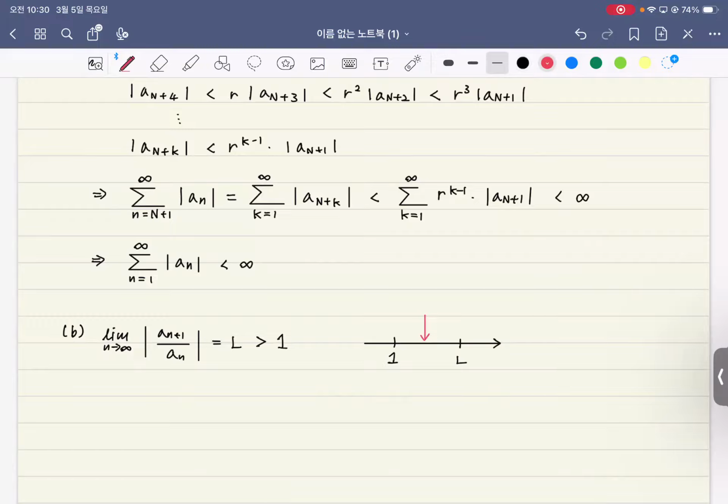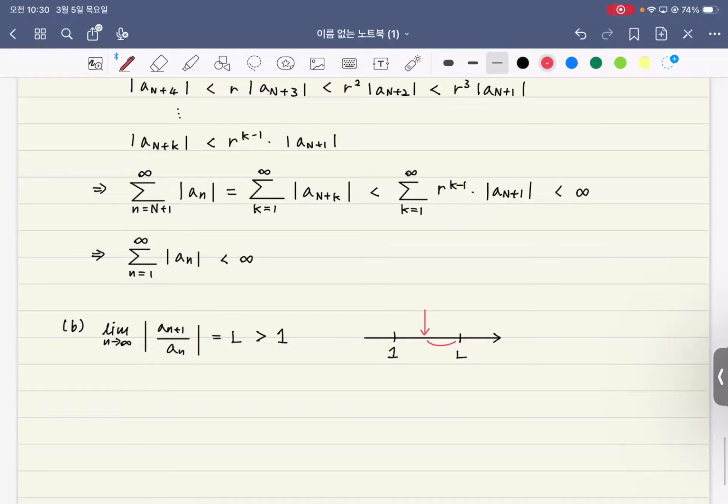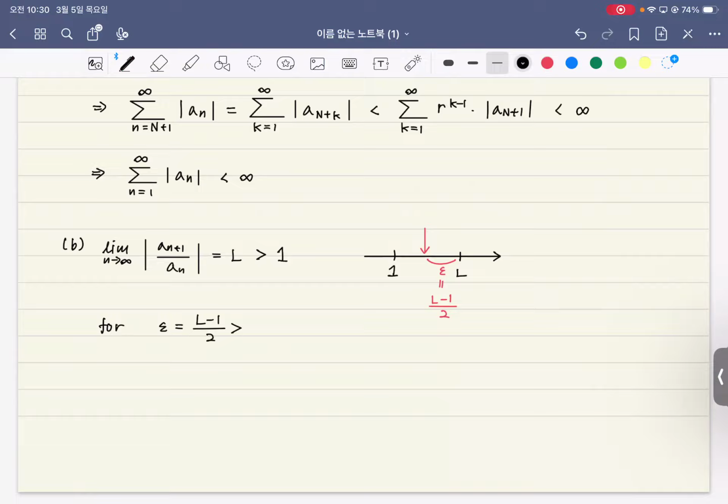Just choose any point you want, but for simplicity I chose the midpoint. The distance between L and this midpoint I will call epsilon, and in this case epsilon should be L minus 1 over 2. I know this is strictly positive because L was greater than 1.